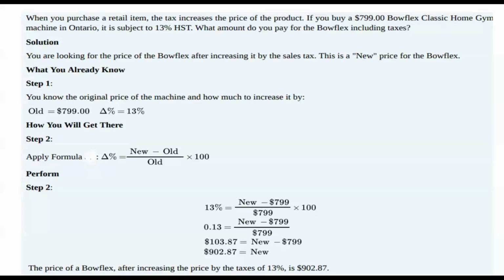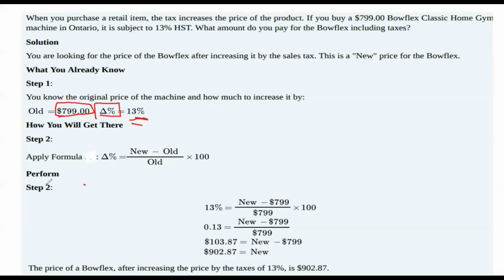How much do you end up paying for the exercising equipment? It starts off by saying this is what is written on the item: you have to pay $7.99. But there's a tax, that is the percent change in the price you will have to pay at the checkout.